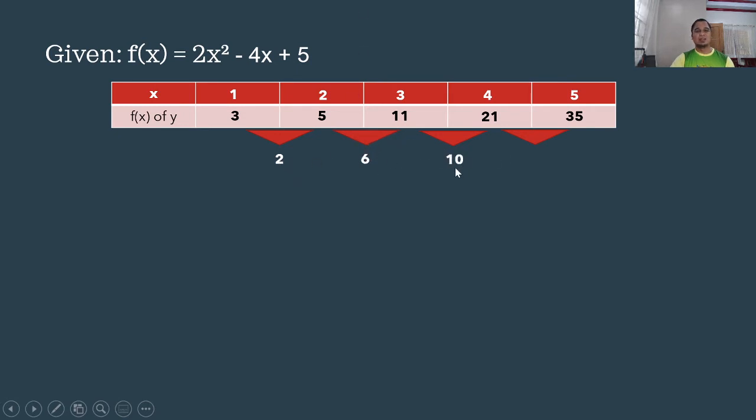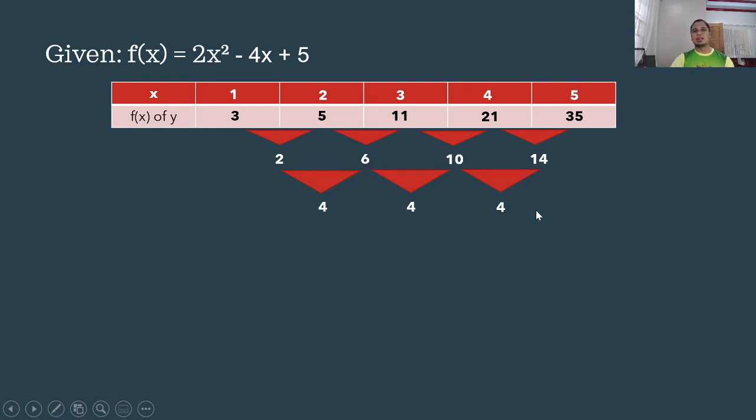And then 10 followed by 14. The pattern, if you're going to look at this one, wala. But if we will be considering the next layer, this one, the difference will be 4. The difference will be 4. And the difference will be 4.